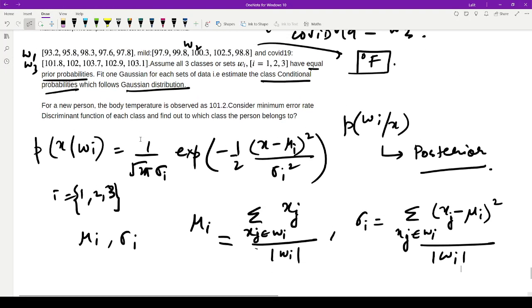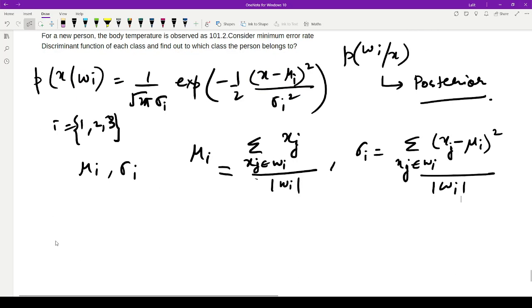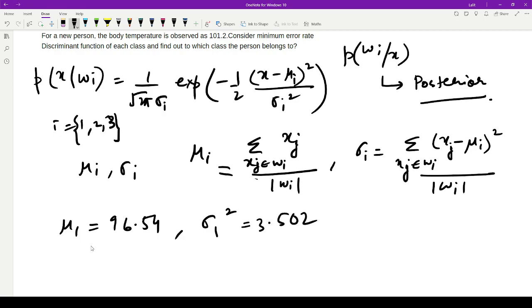So what you need to do is just place these formulas for each of the classes, and what we get are these values which I pre-computed. What will be the unit of the mean?